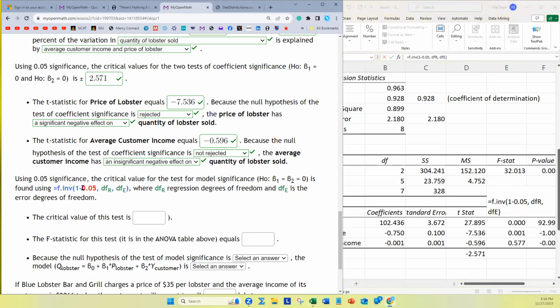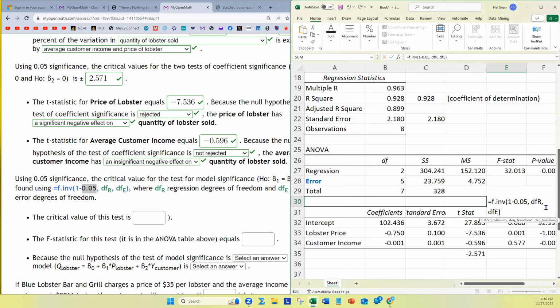Your significance level is at 0.05. In your case, it would be 0.01. The DFR is the degrees of freedom of regression. That's 2. And the DFE is the degrees of freedom for the error, which is 5. Okay?